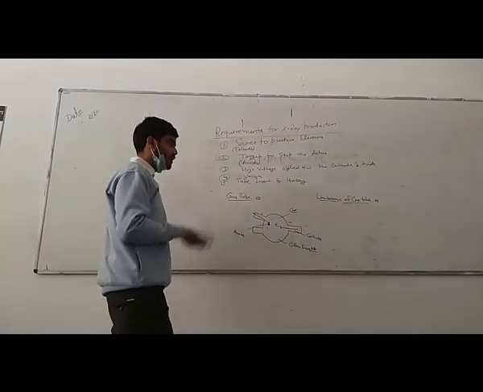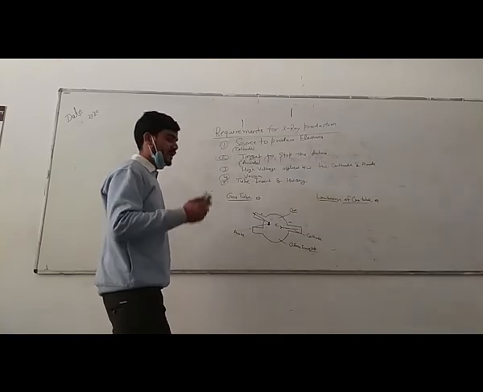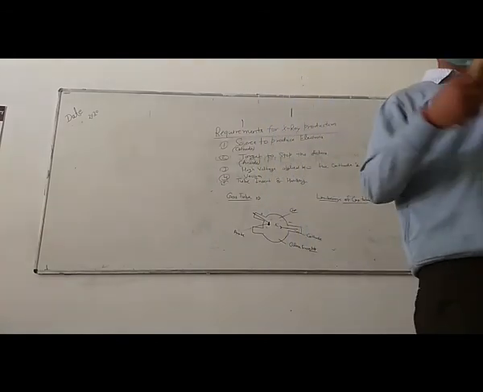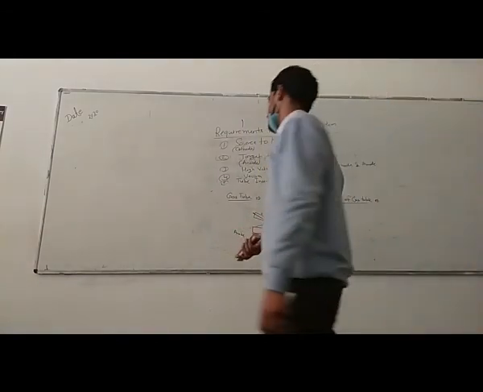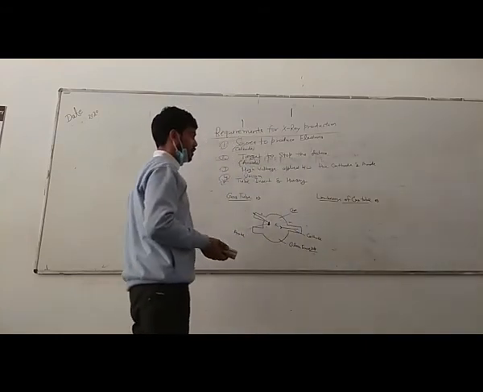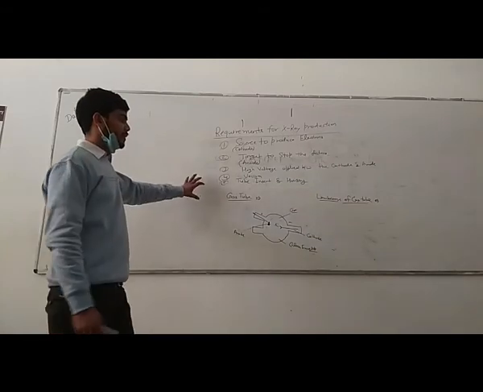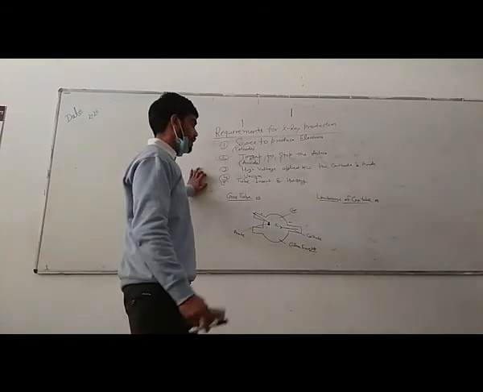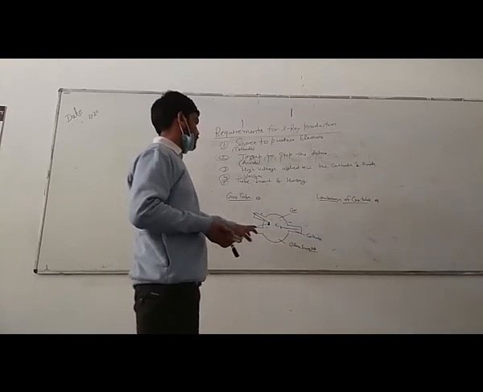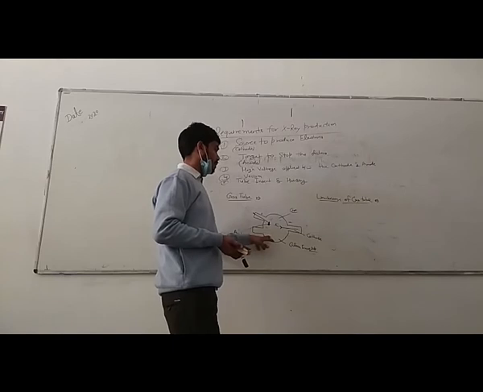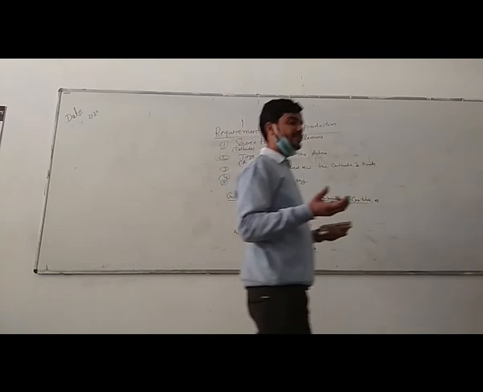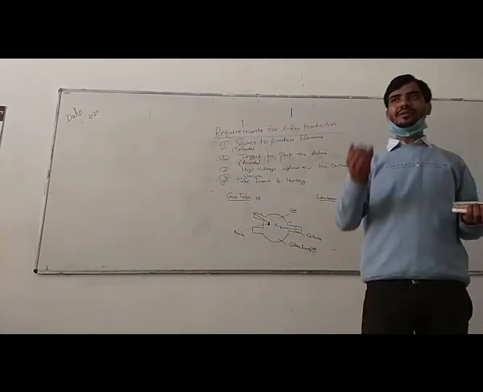Gas tube requires evacuation. Gas tube has an ionization potential. After the voltage is increased, it melts the target. That is a limitation. And in older gas tubes the gases decrease.